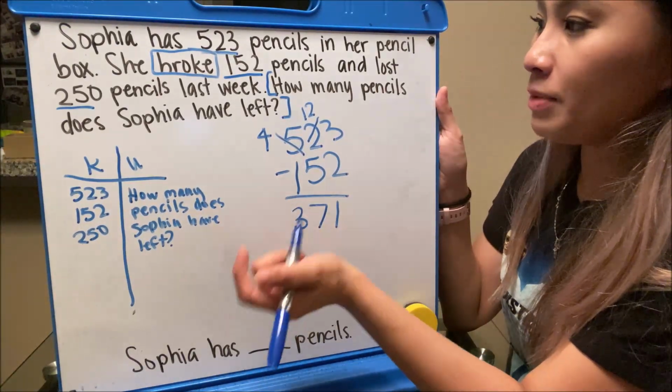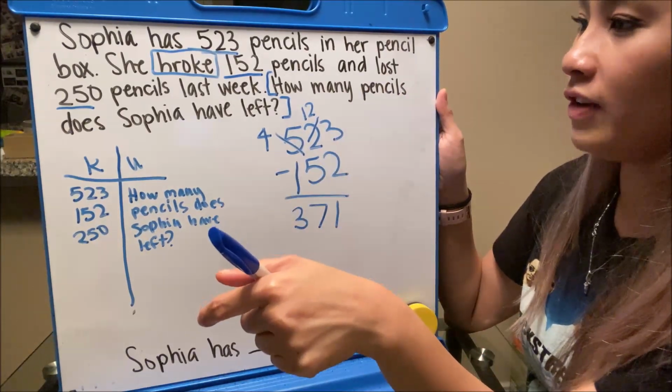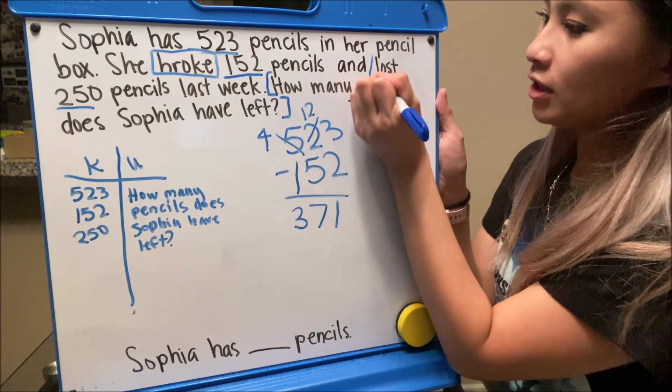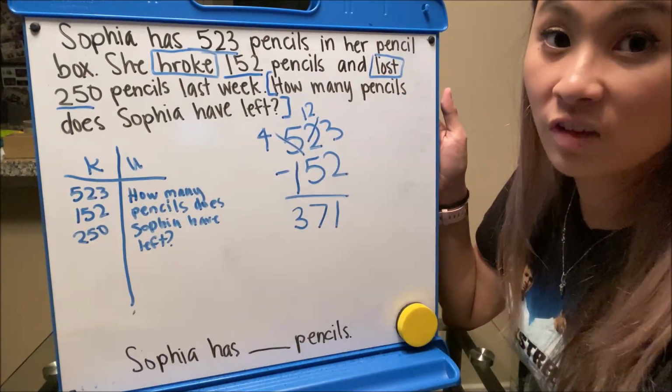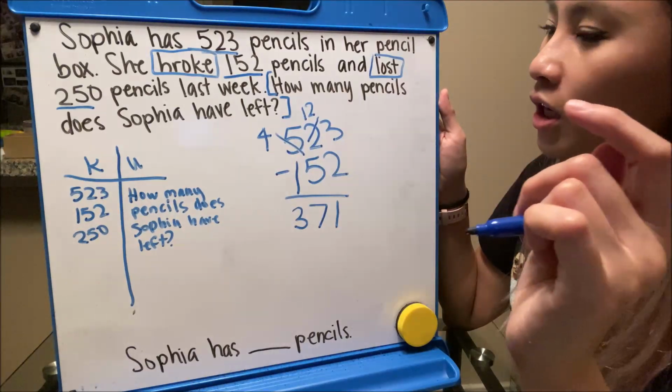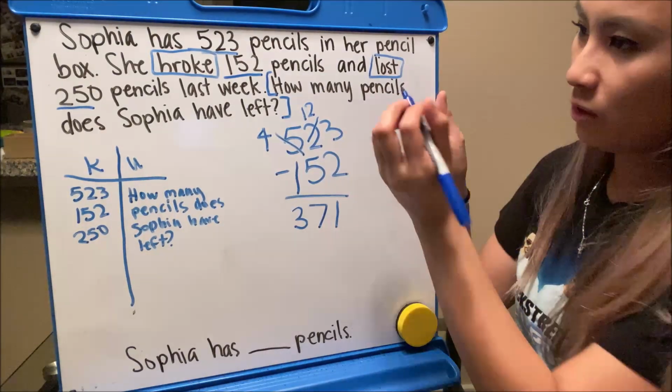But we're not done yet because she also lost 250 pencils. Let's look at this action word, lost. When you lose something, it's gone, right? So we're gonna subtract 250 from 371.